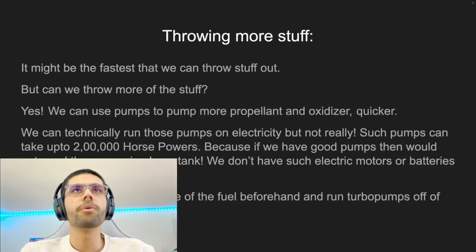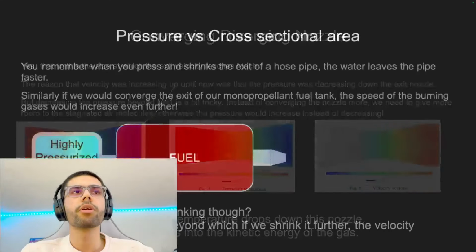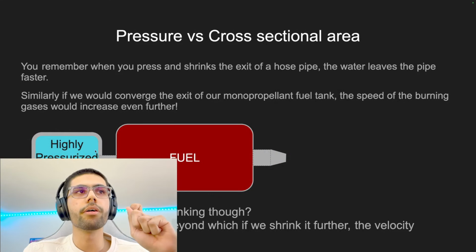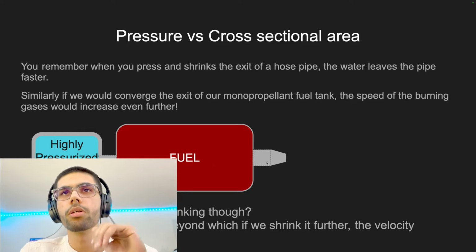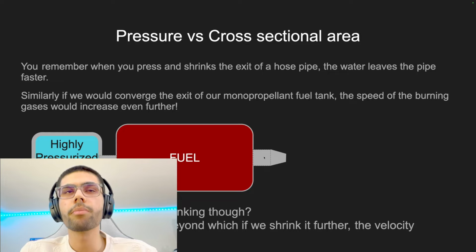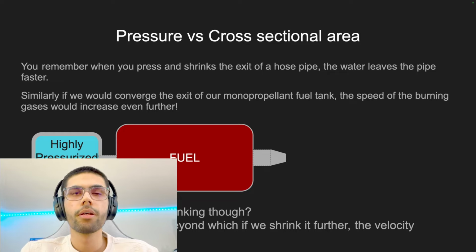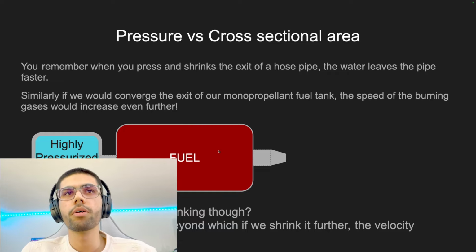You can have multiple different engine cycles. The only purpose of this highly pressurized gas was to increase the pressure of your fuel tank so that more fuel can be pushed to this combustion chamber in less time. But what if, instead of using this pressurized gas chamber, you use a pump that is pumping the fuel from the fuel chamber to the combustion chamber?